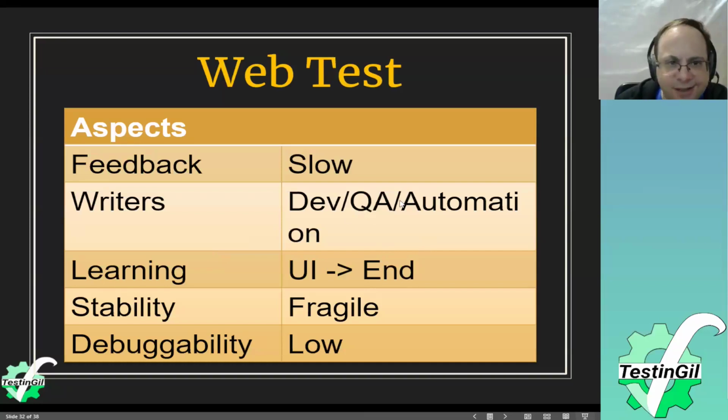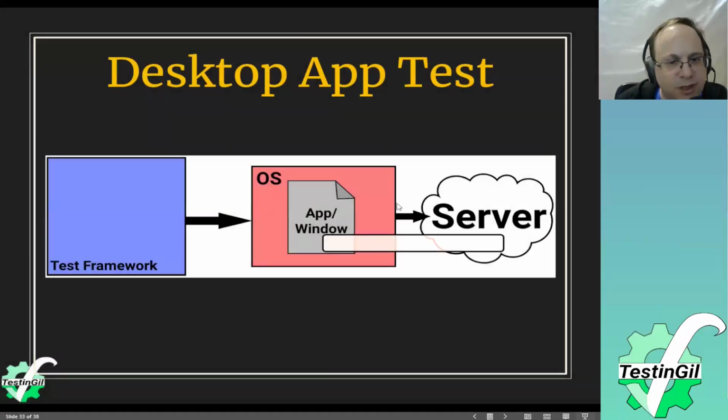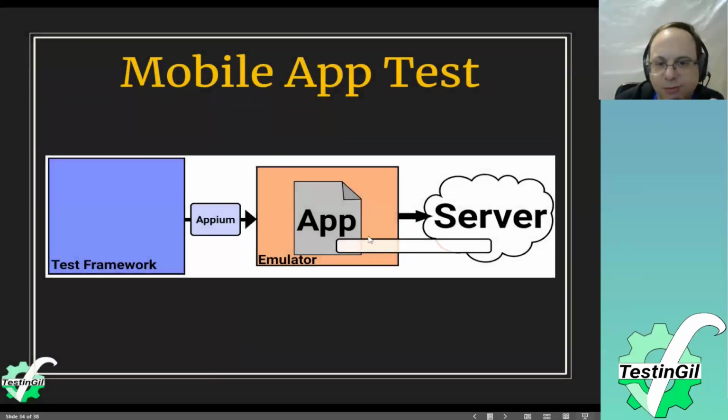We can take this to desktop app tests too, which not many people do these days. Most of it is run by browsers, but test frameworks really operate the operating system, send Windows messages and stuff like that, and the application talks to the server. Mobile apps go through different paths, but again, different components.